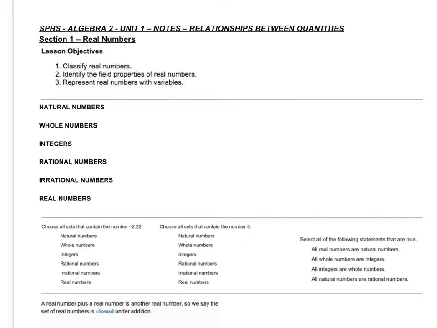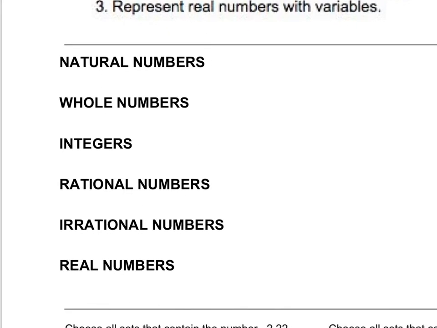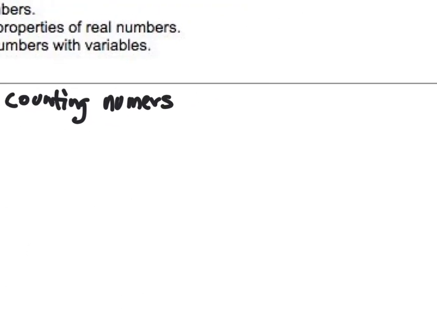So let's go ahead and talk about the different types of numbers that we have. The first one is the natural numbers, what I like to call counting numbers. If I said natural numbers, that would be the numbers 1, 2, 3, 4, and so on.